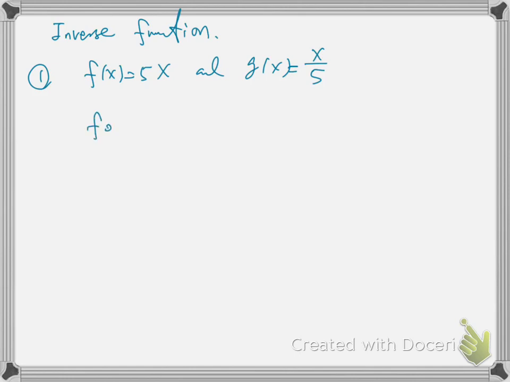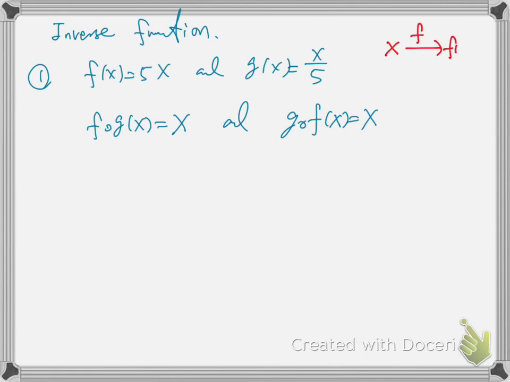So f compose g of x has to equal x, and g compose f of x has to equal x. If they're not equal to x, then it's wrong. It's not an inverse function. So this is the picture. X, f sends it to f of x, and then g sends it back. So f compose g, or g compose f, the other way, you will always get x back.